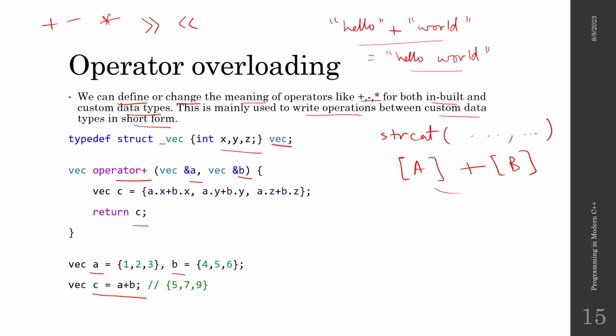For example, suppose this function: how much memory do we need to run this function? We can easily see here we have two variables a and b, and a and b both have three components. So 3 plus 3, 6 will be there, and then there is another vector c. It will also have three components.